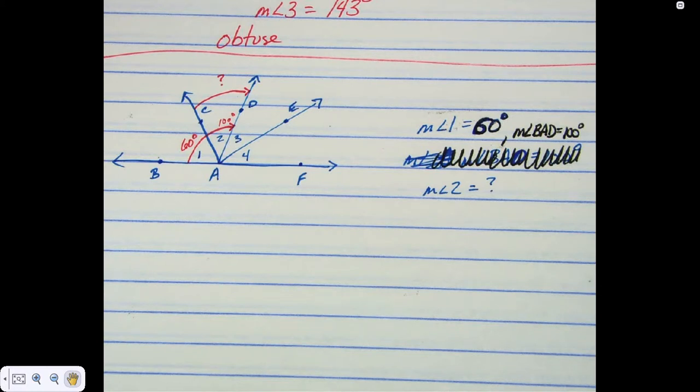Those two, angle 1 and angle 2, are not adjacent either. Why do you think? Because they don't share a vertex. However, when I draw it like this, what do you think about those two? Adjacent. Those are adjacent because they share a vertex and a common side. Okay?